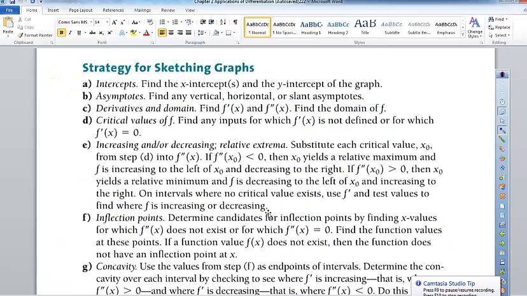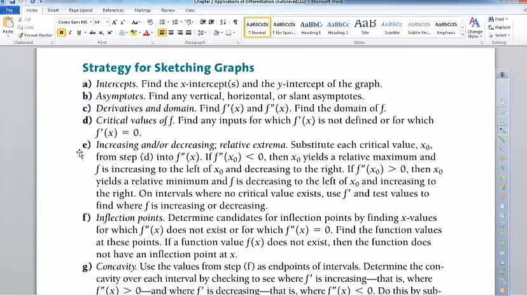We have the same strategy for graphing that we did before. That is, we are going to find the intercepts. Now we're adding to that to find any vertical, horizontal, or slant asymptotes. We'll look at our derivatives to determine where the function is increasing and decreasing, and also consider what the domain of f is.